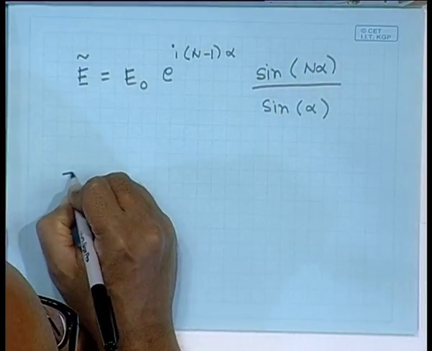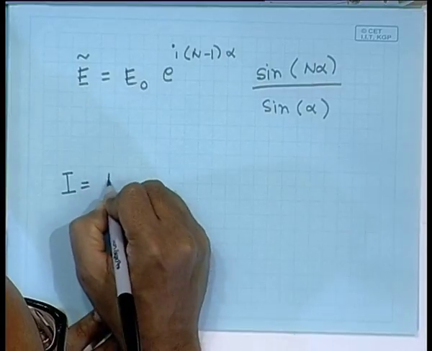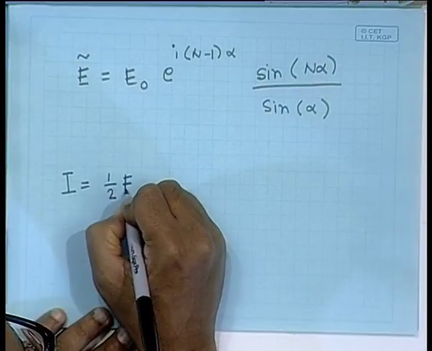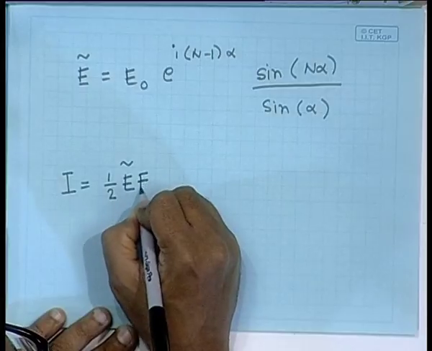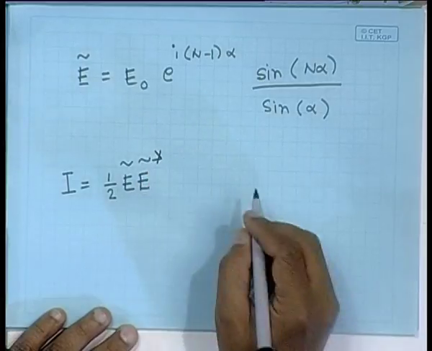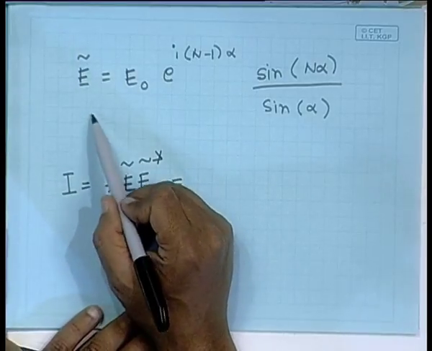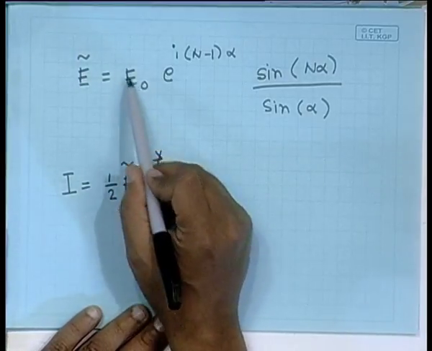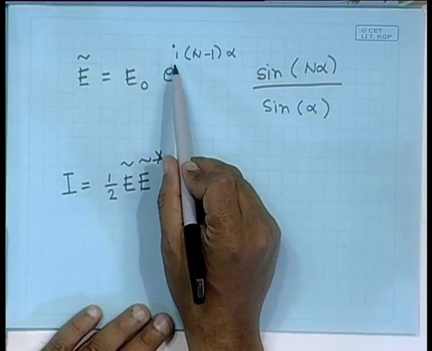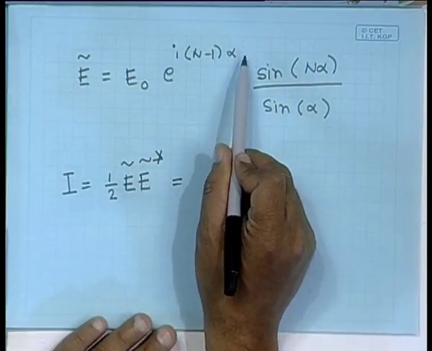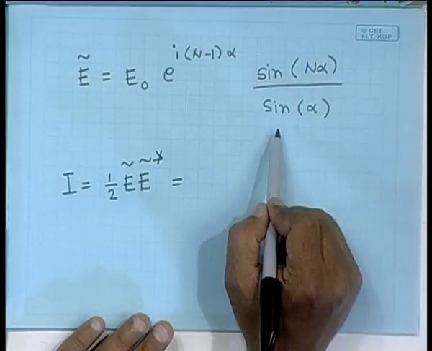So, the intensity, as we have seen many a times, is half E into E star, and this can be written as, so I have to multiply this with its complex conjugate. If I multiply it with its complex conjugate, I will get E naught square. Multiplying this with its complex conjugate gives 1, and I will have sine square and sine square here.